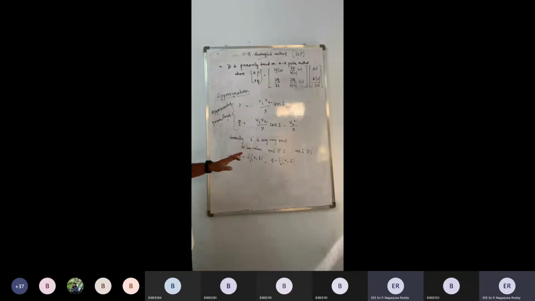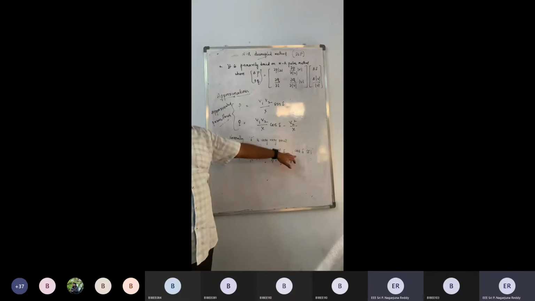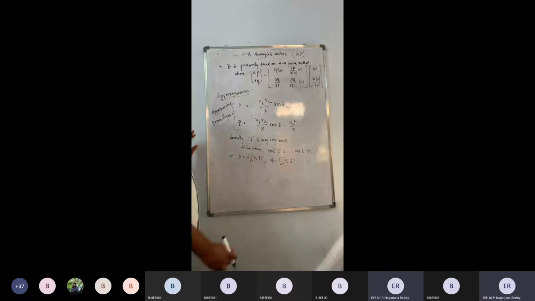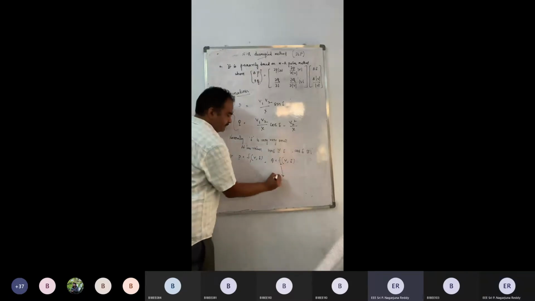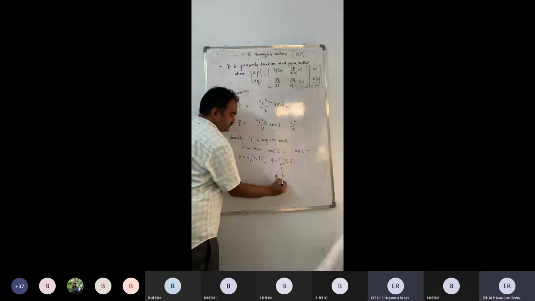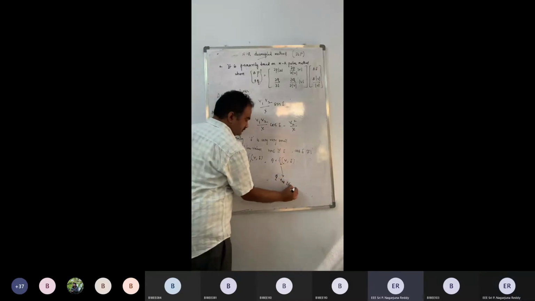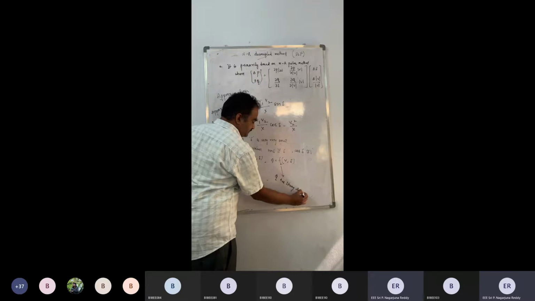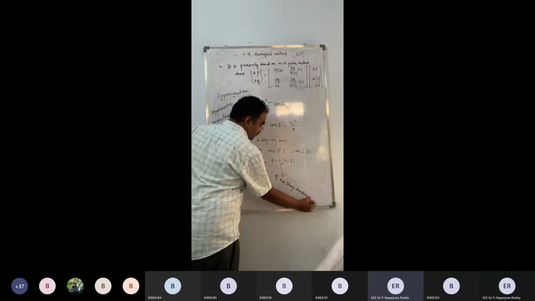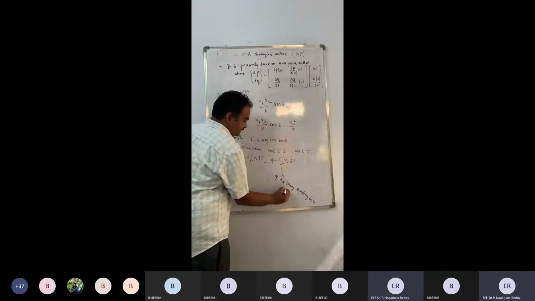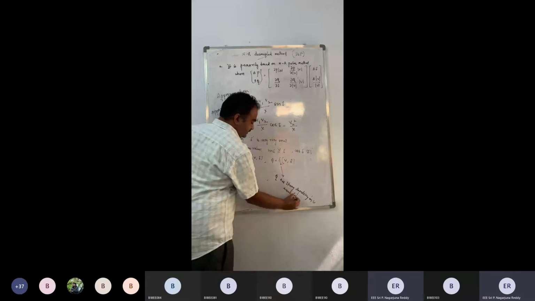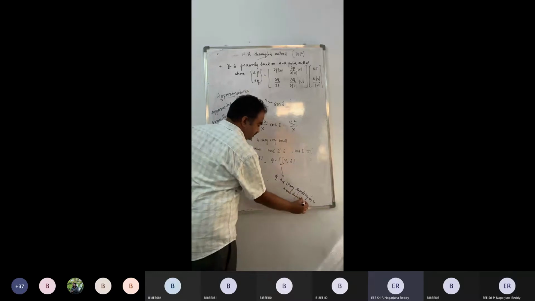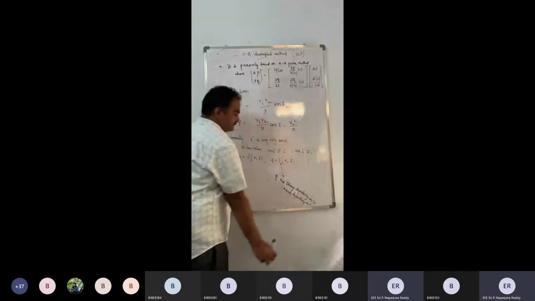But if you carefully see, in reactive power you are having cos delta, but since delta has very small values, Q is primarily dependent on V. Q has strong dependency on V, whereas it has weak dependency on delta.